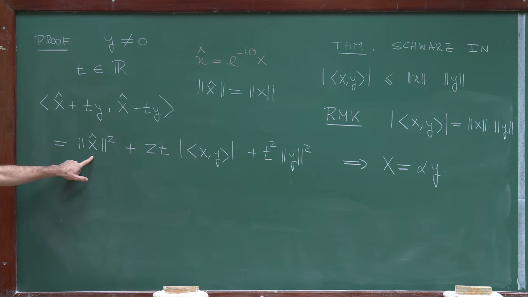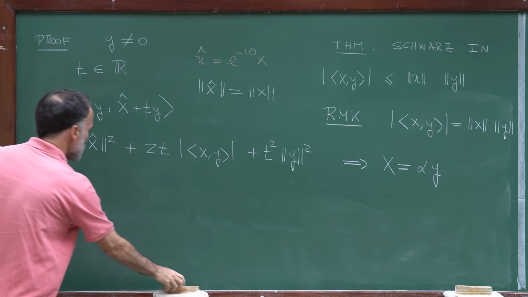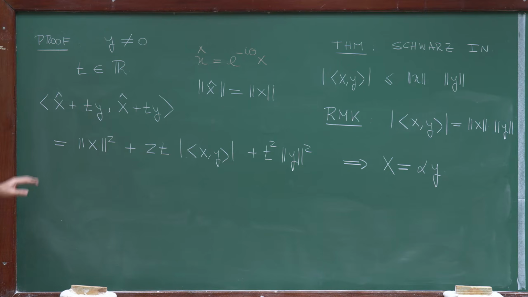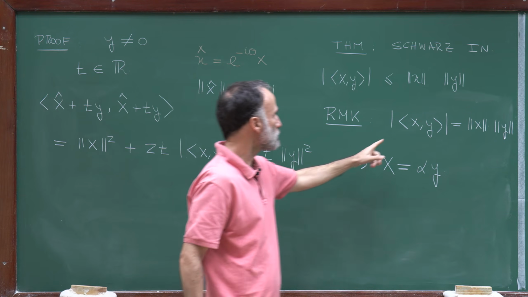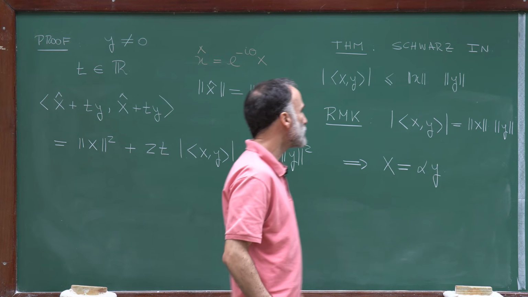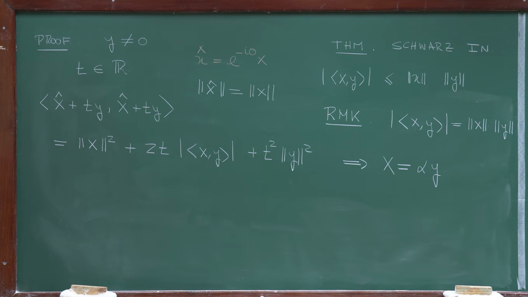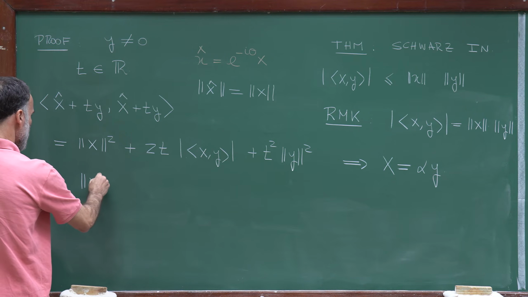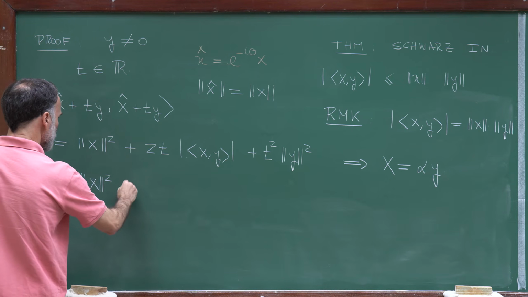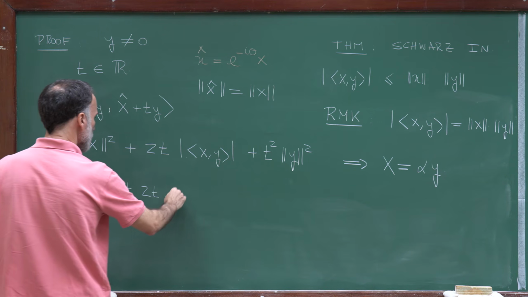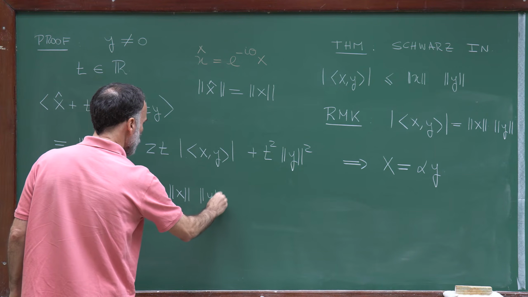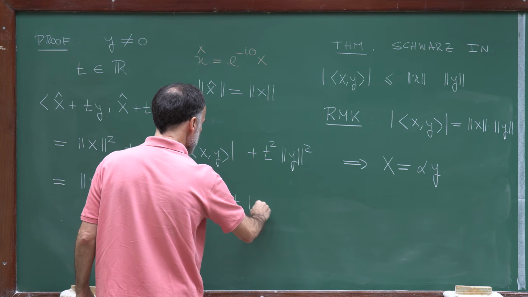So here I can replace x hat by x. Now let's use the assumption that the scalar product of x and y is equal to the norm of x times the norm of y. So this is equal to the norm of x squared plus 2 times t times the norm of x times the norm of y plus t squared times the norm of y squared.